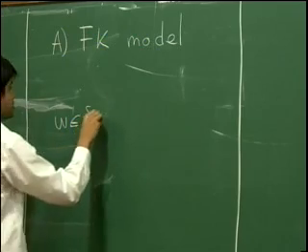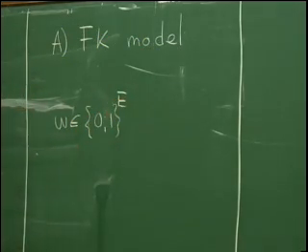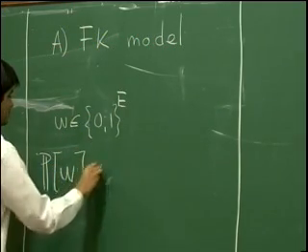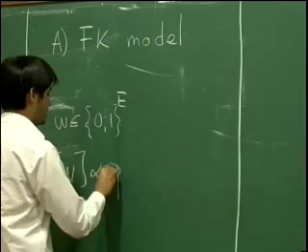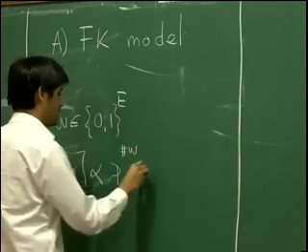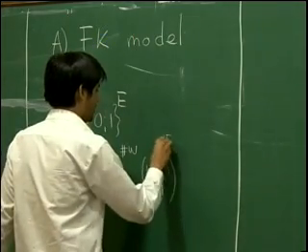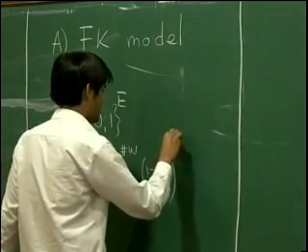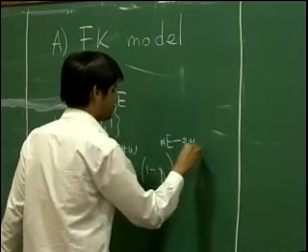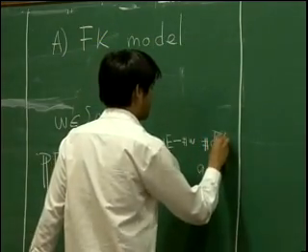The probability of an edge configuration omega is proportional to p to the number of edges of omega, times 1 minus p to the number of edges that are not there, times q to the number of clusters of omega.